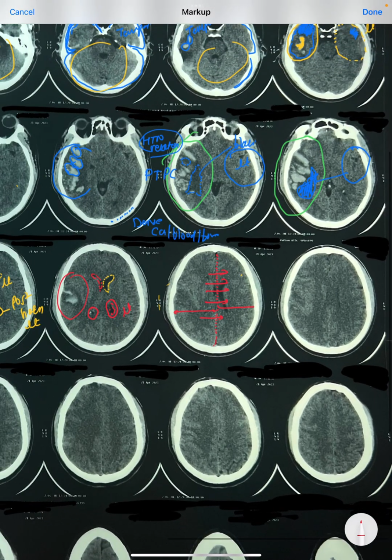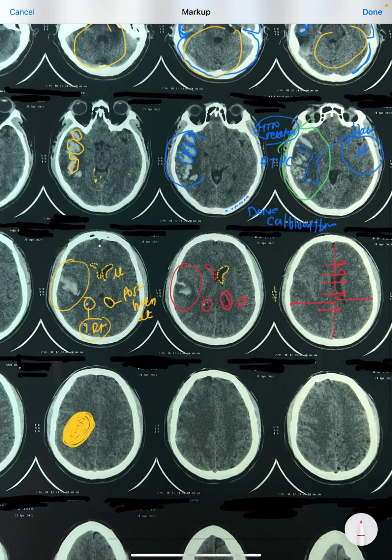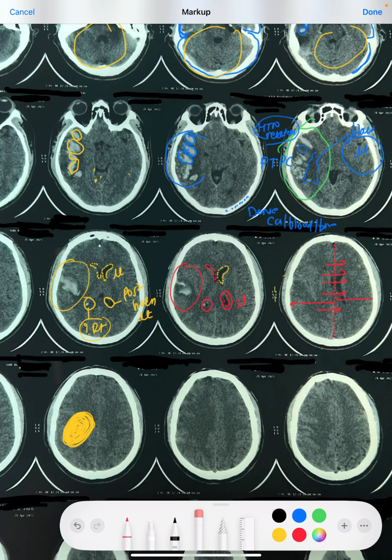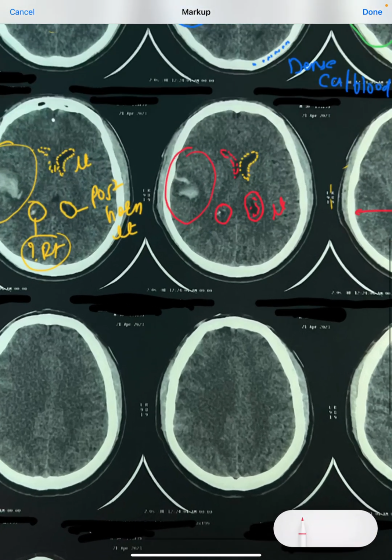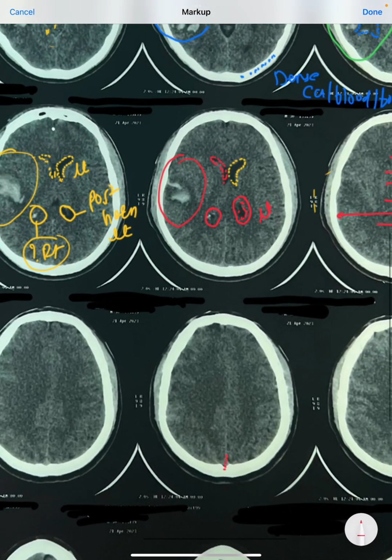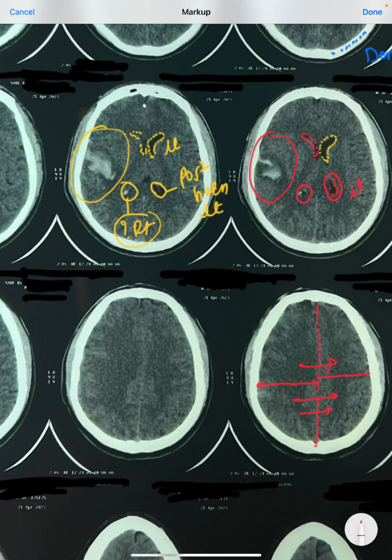So in short, I'll show you the midline shift here also. Here also it is very well understandable. You can see that this is the midline that we can see. This is much lesser compared to this. This is definitely larger because this brain is getting shifted to this side.